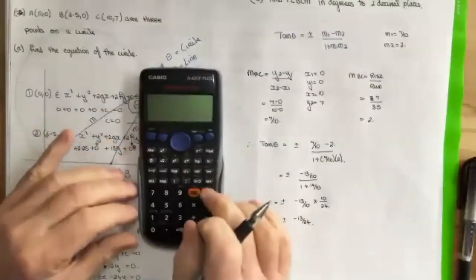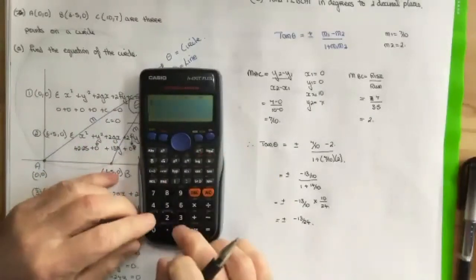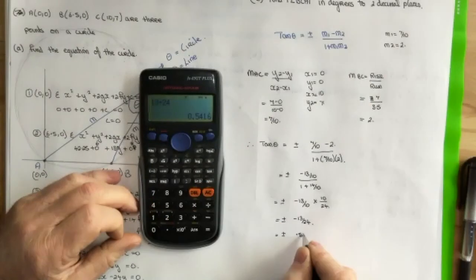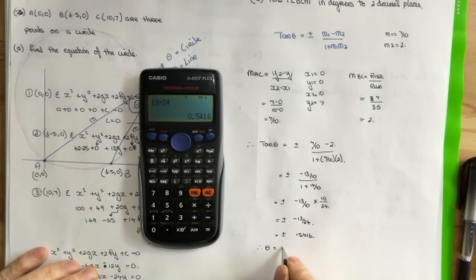Let me put that into a decimal. Now, would you mind telling me if I have that right? 13 divided by 24. You probably just went on the calculator.